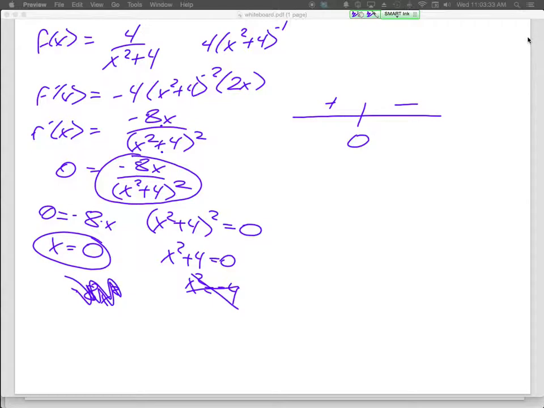If you've got x squared by itself, or if you have something in parentheses squared, like this right here, if this would have worked out to some numbers, whatever I'd have found would have been a multiplicity, because it occurred twice. And that means my signs wouldn't have changed. You'll see that on the next problem. Spoiler alert. So, Alex, what do I have at 0, if anything? It is a critical point. What else is it?